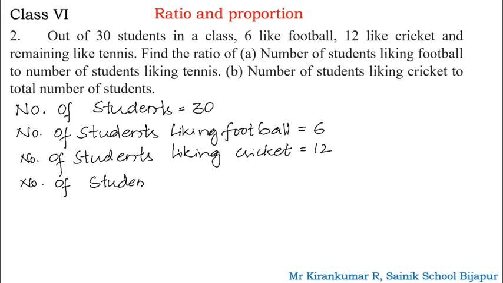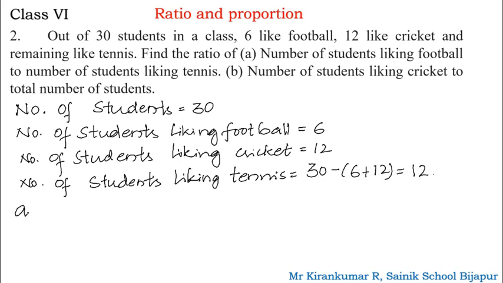So the number of students liking tennis will be the total minus the sum of the students liking football and cricket, which is 18. When 18 is subtracted from 30, we get 12.